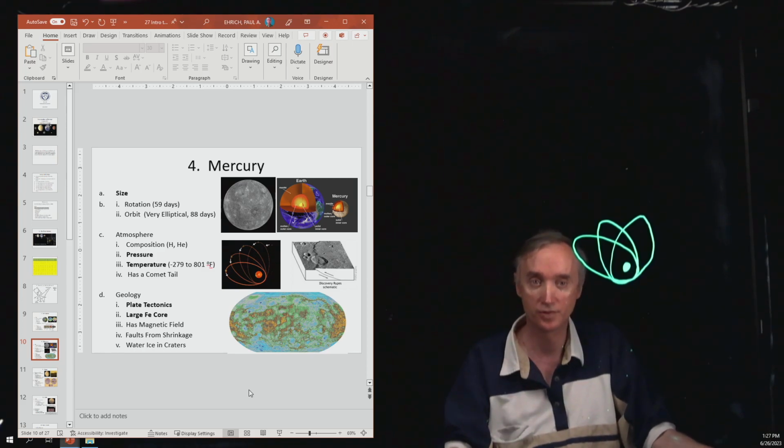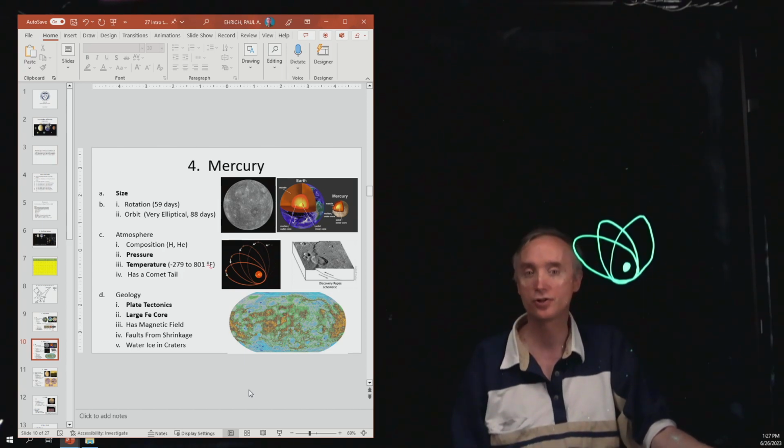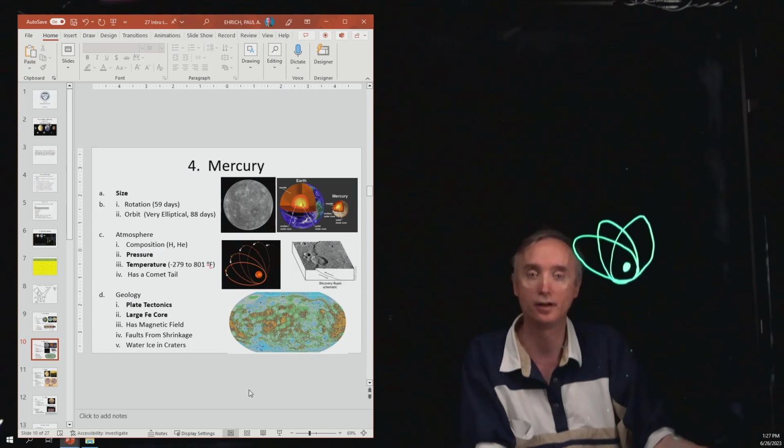So even though the temperature when the sun is out gets incredibly hot, if you're inside one of those craters, there actually could be water ice on the surface of Mercury. That bottom picture shows you the topography of Mercury. The blue areas represent low areas, and the brown areas represent the mountainous regions of Mercury.